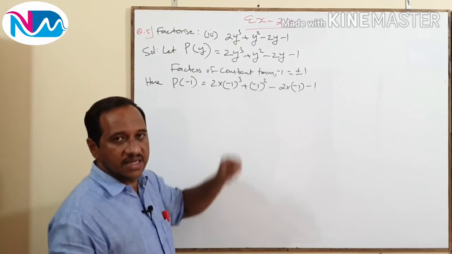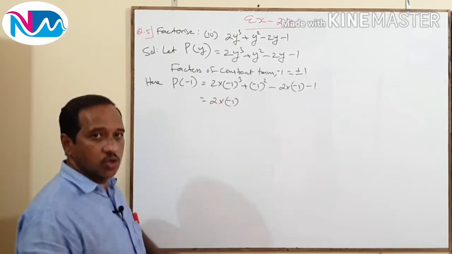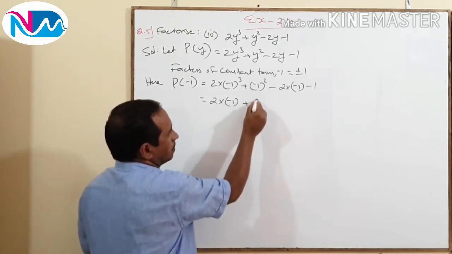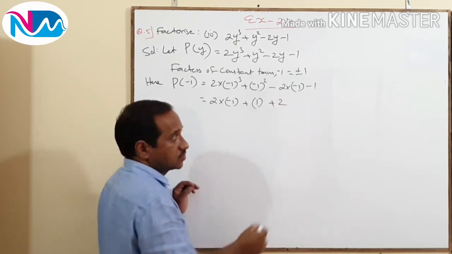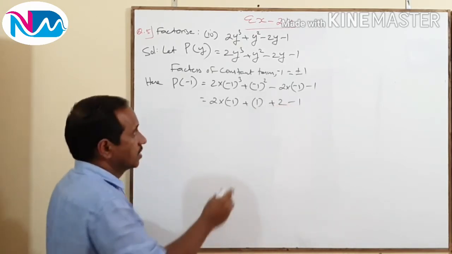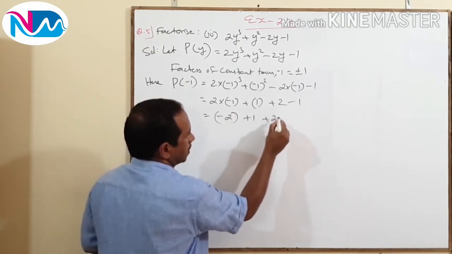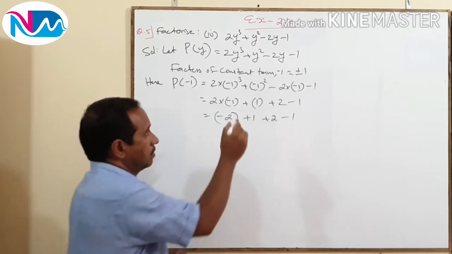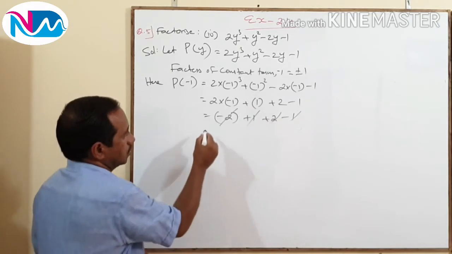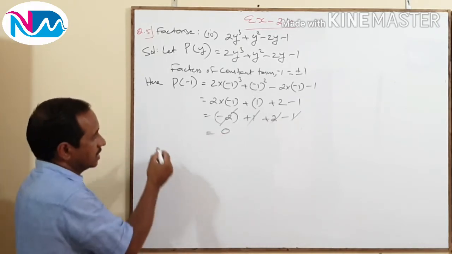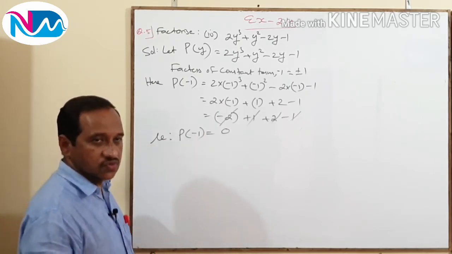Here y is replaced with minus 1 and we get 2 into minus 1 cube is minus 1, plus minus 1 square is plus 1, minus 2 into minus 1 is plus 2, minus 1. 2 into minus 1 is minus 2, plus 1, plus 2, minus 1. Minus 2 plus 2, 0, plus 1 minus 1, 0. We are getting 0. That is, we have p of minus 1 is equal to 0.